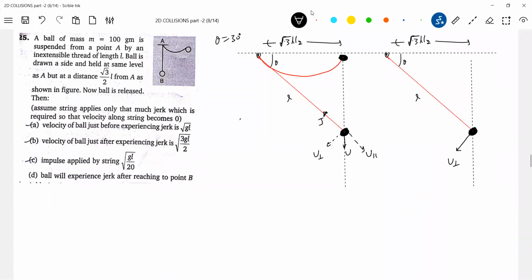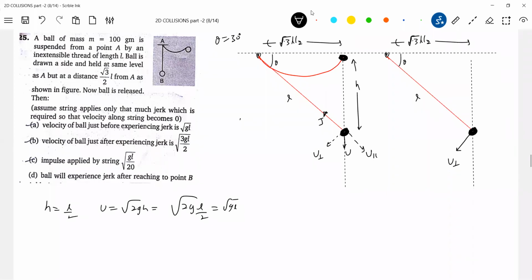Velocity of the ball just after experiencing the jerk. So what can be this height? H is L sine theta, so H should be equal to L by 2. So what is the velocity u? U should be equal to root of 2gH, which is root gL. After experiencing the jerk, only u parallel will be nullified.